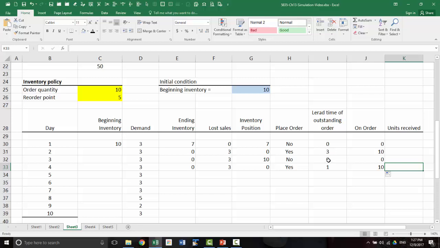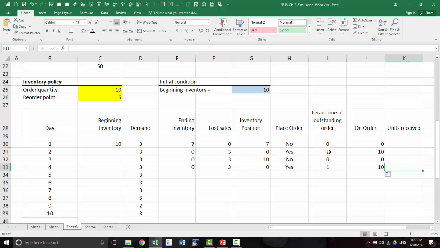And that is the trick that we need to be able to properly code the units received, because this order of 10 will be received not here, but here at the end of the day. So we need to model that properly.